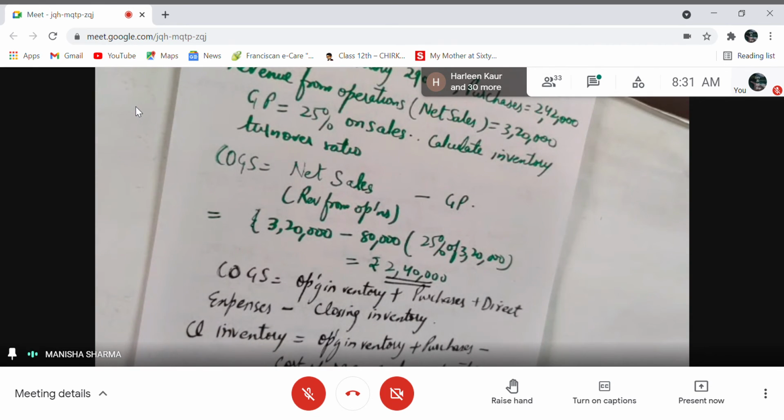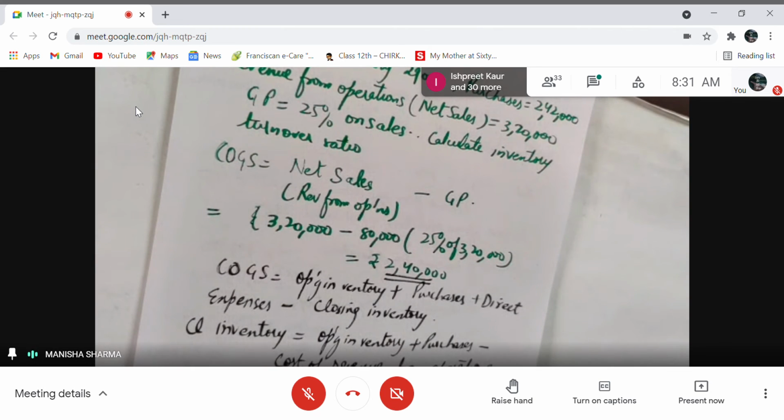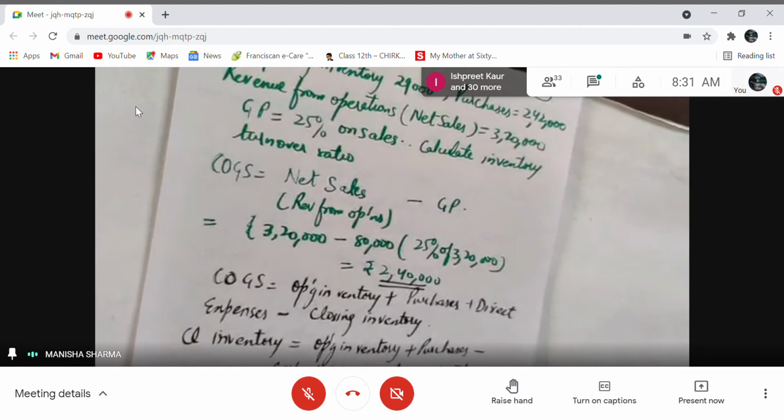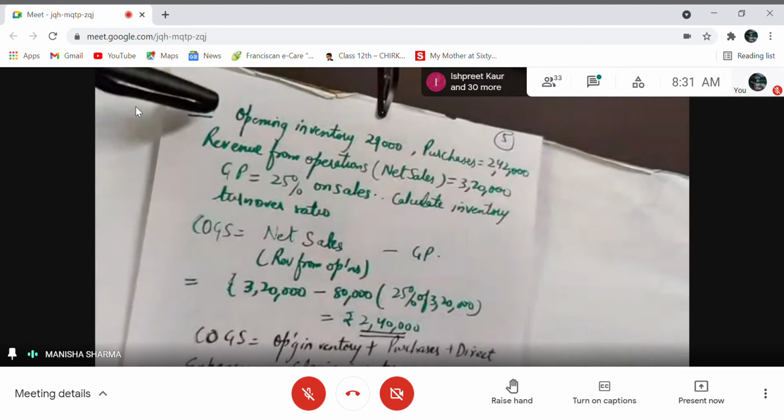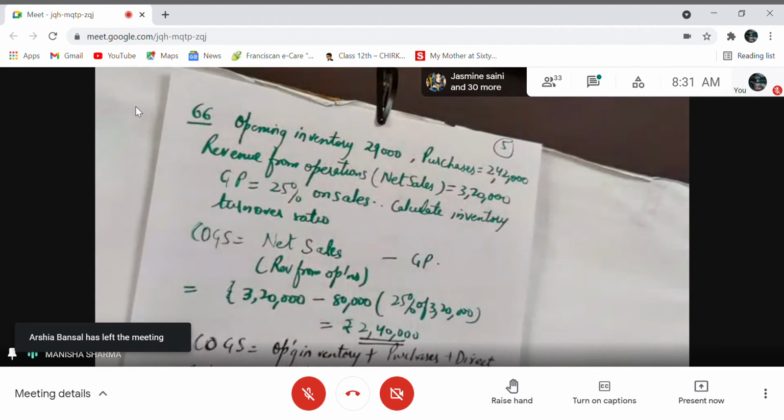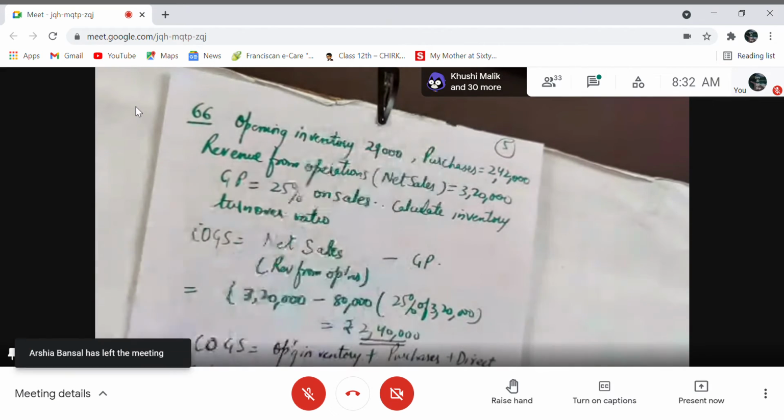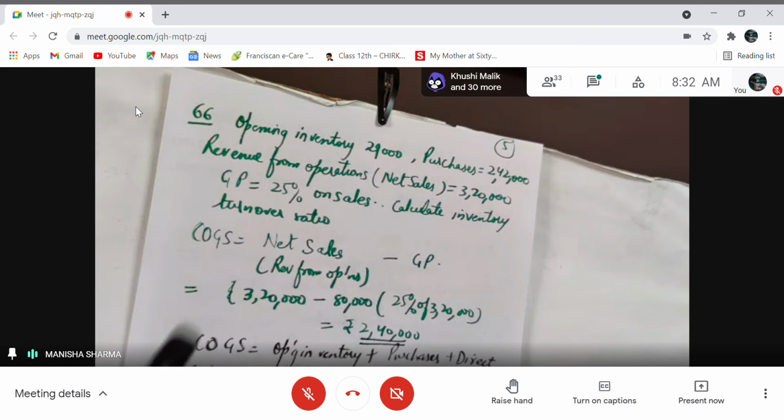I hope it is clear to you, right? And now again I will be using the formula of COGS. Why? The same thing as we discussed in the previous illustration. Closing inventory is missing. Opening inventory and purchases are given to you. COGS you have just calculated to be 2,40,000.